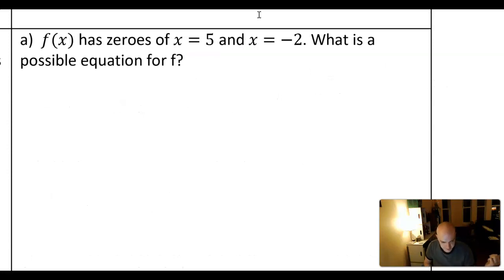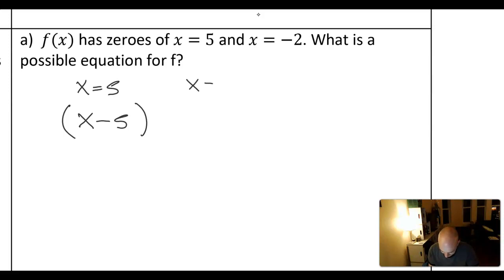This next question is about the link between the factors and the zeros of f. So f of x has zeros at x equals 5 and negative 2. So if I know that I have a 0 at x equals 5, I know that f must have a factor of x minus 5. That's just the factor theorem in operation.